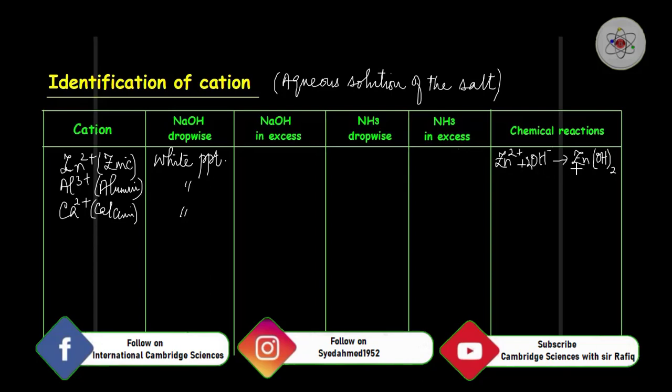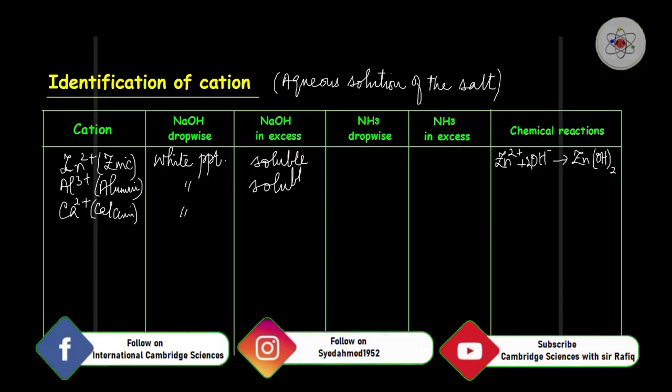Right, so this insoluble hydroxide appears as a white precipitate. Okay, we use sodium hydroxide in excess to see whether these insoluble hydroxides are soluble in excess or not. So we find zinc is soluble and aluminium is also soluble.